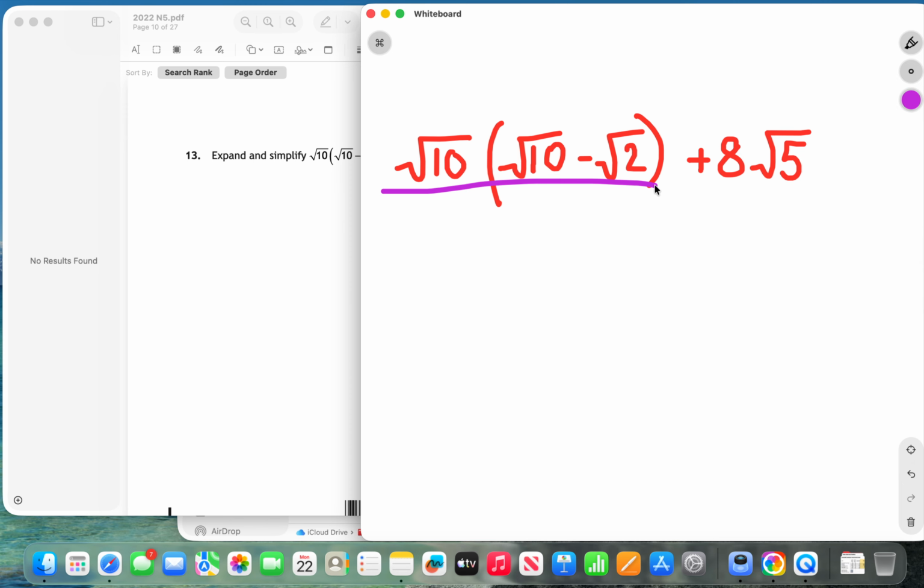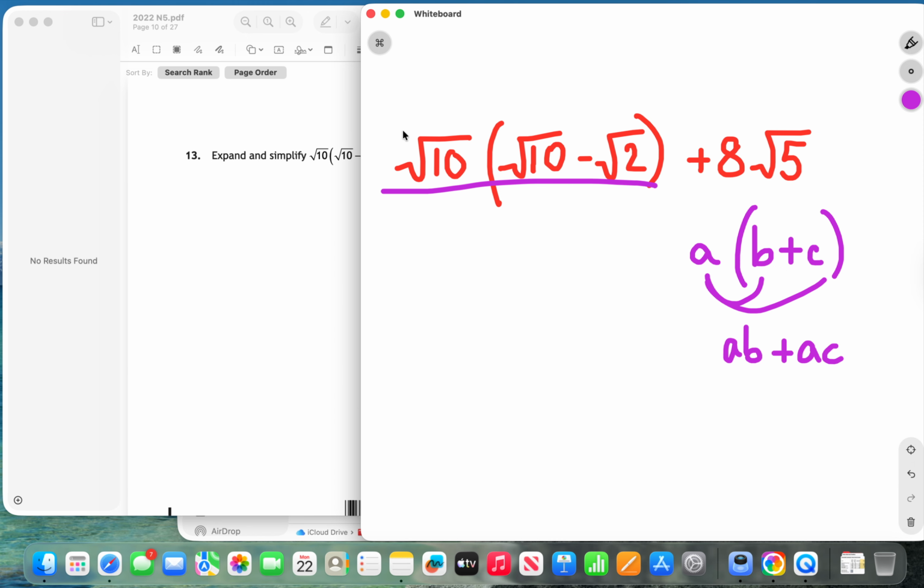To expand this, you know that if you have A of (B plus C), then it's going to be A multiplied by B, so AB, then add on A multiplied by C, that's AB plus AC.